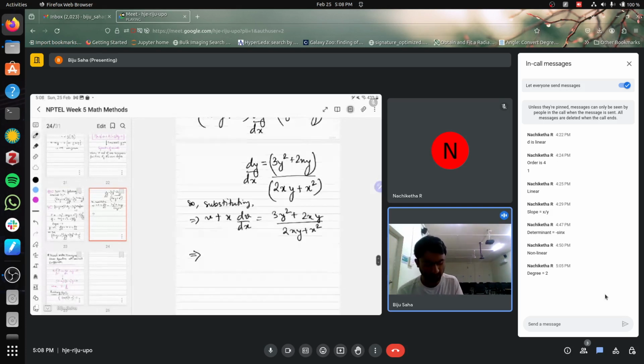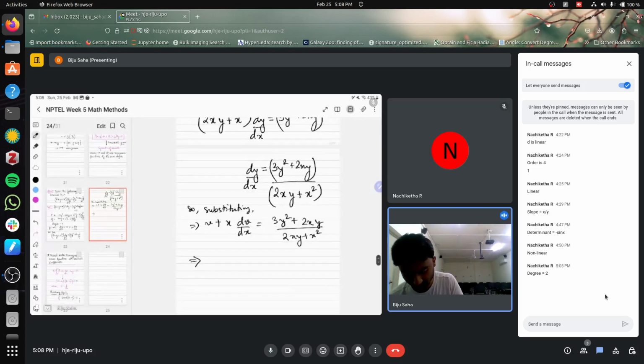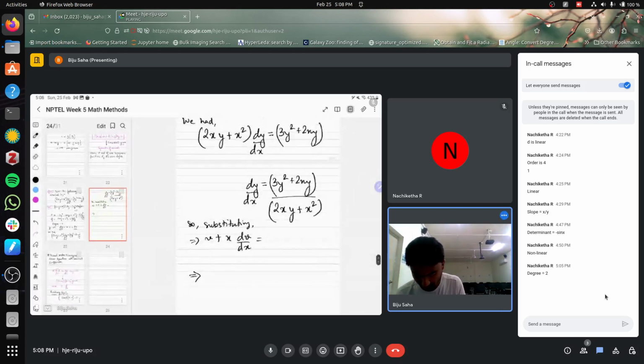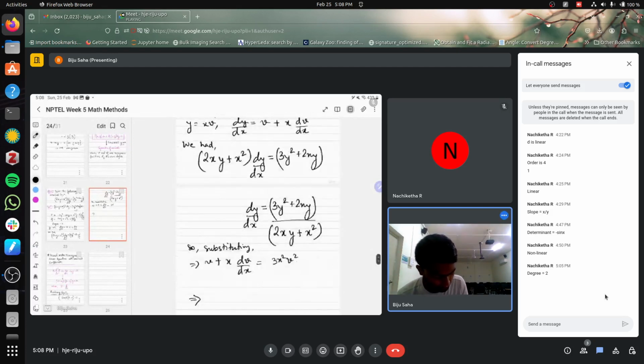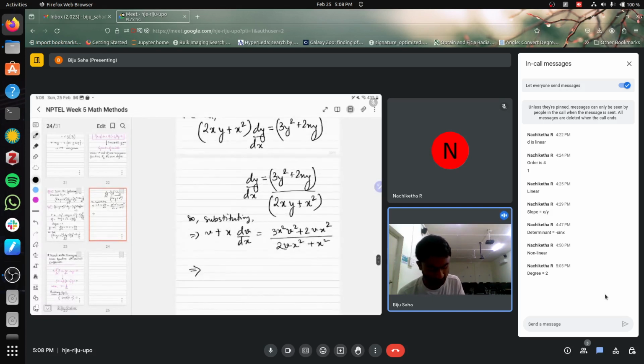and also let me put v wherever y appears. So with that change, the right hand side would be 3 y square, so it is x square v square plus 2 v x square plus x square, equal to 3v square.